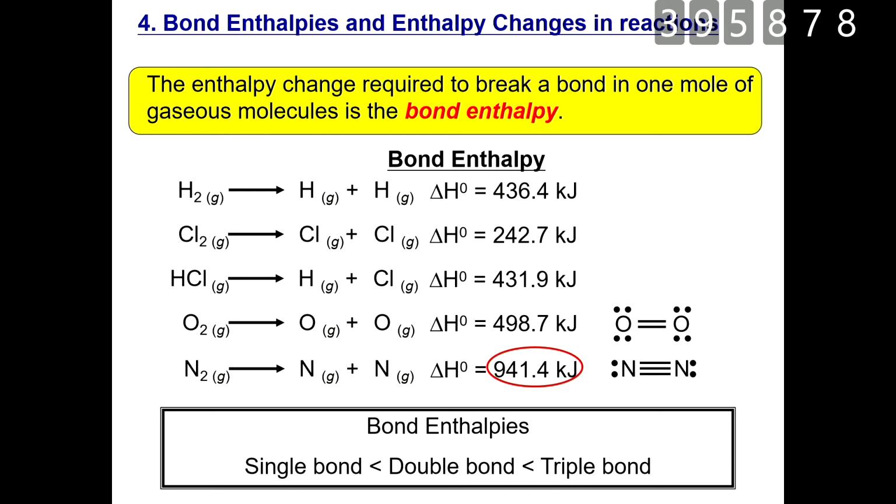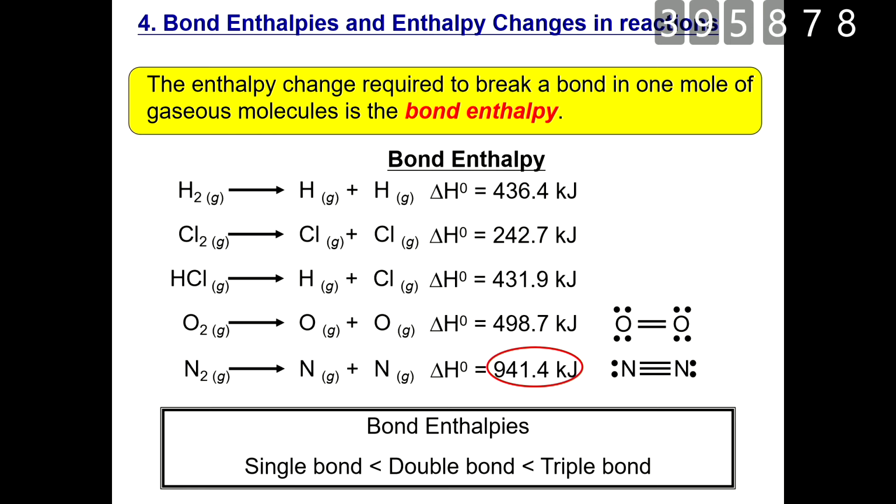If we break a bond in one mole of gaseous molecules, this energy is required. It's called bond enthalpy.